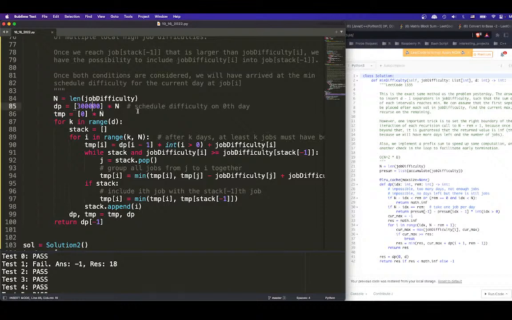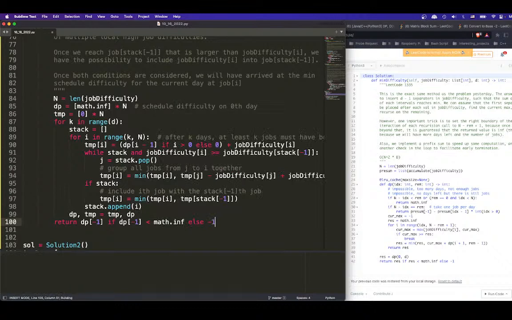We need a sentinel, man. We need a sentinel. Alright, that's okay. If dp[-1] is smaller than math.inf, else -1.